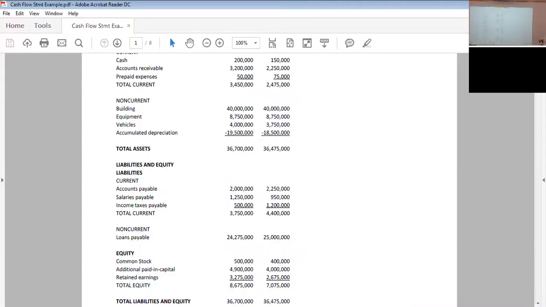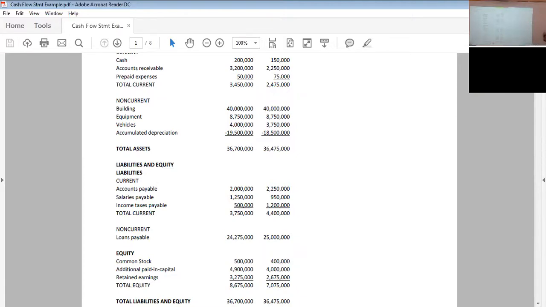So when we do the statement of cash flows, the last number, the bottom number, ending cash, has to be 200,000. The cash we show as cash at 12/30/109.